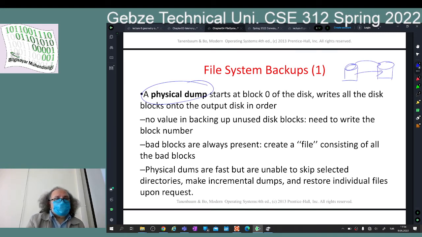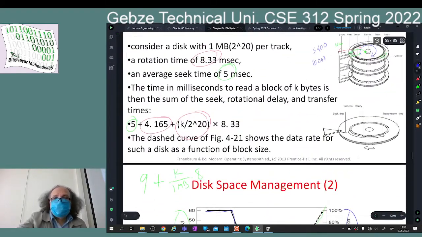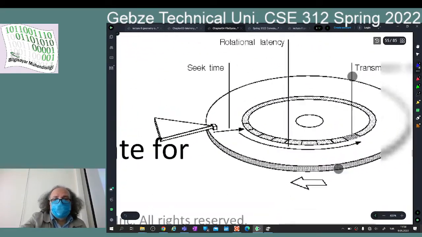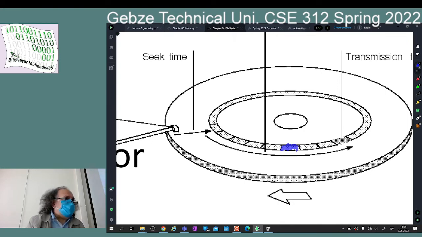The other thing is that unused disk spaces are just backed up. Bad blocks, okay? These are mechanical, physical stuff. From time to time, some of these sectors will go bad. An operating system marks this sector as a bad sector. It will say that this sector is bad, I am not going to store any data on it. Why is it bad?